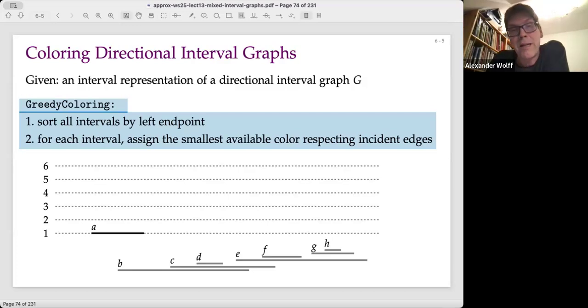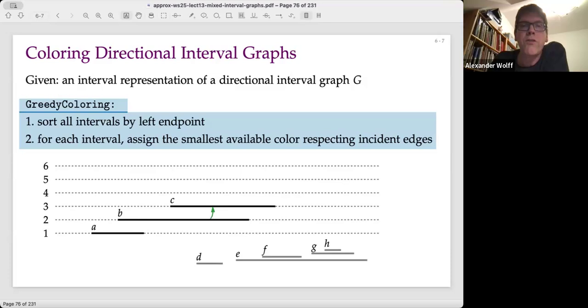The second one intersects A, and that means we have a directed edge. So B must be above A because it overlaps. C also overlaps B, and since it's to the right of B, it must be above B. And D now is contained in B and C. But since it's contained, there's just an undirected edge, and I can put it on track 1 or color 1.